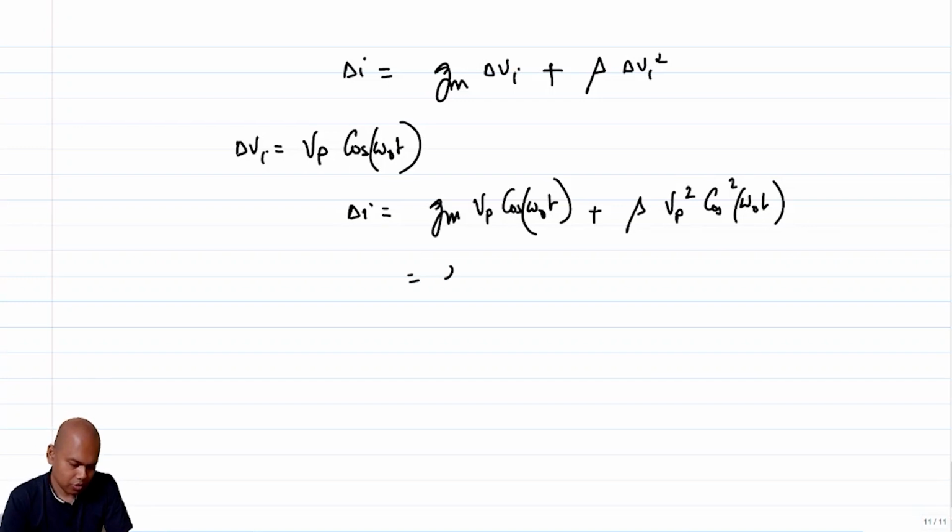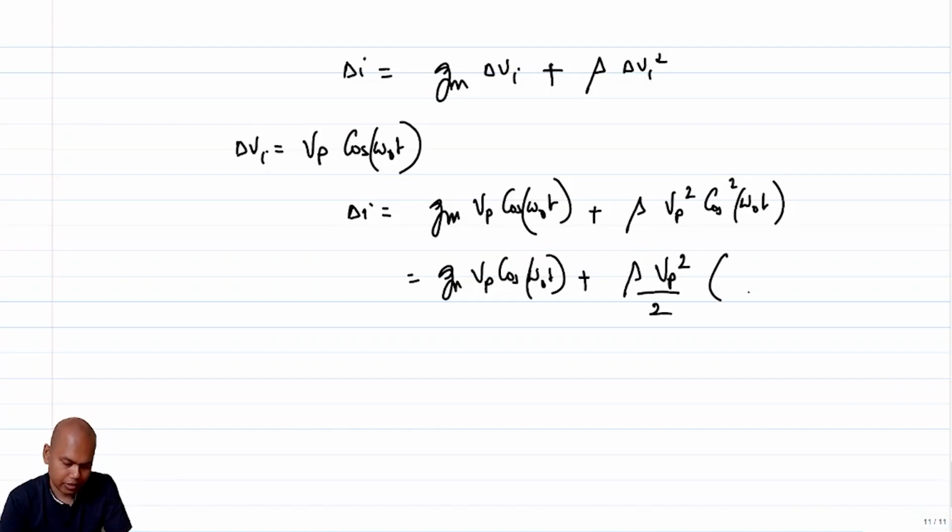There is no issue with the first term, which is exactly what we want, but the second term I can decompose using a trigonometric identity as (1 + cosine 2ω0t)/2, right?